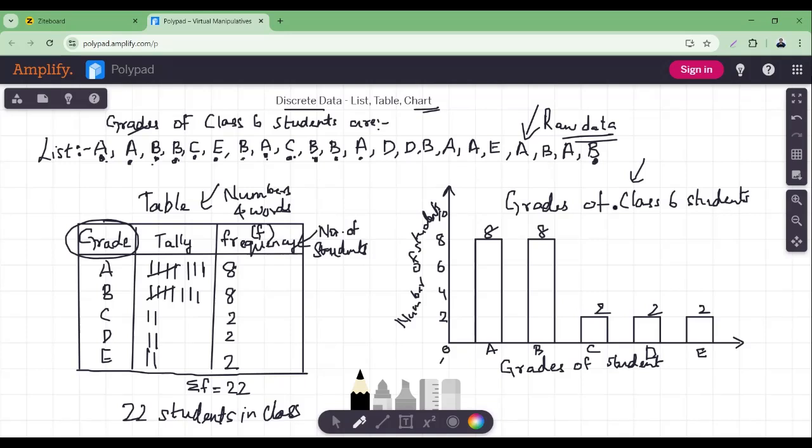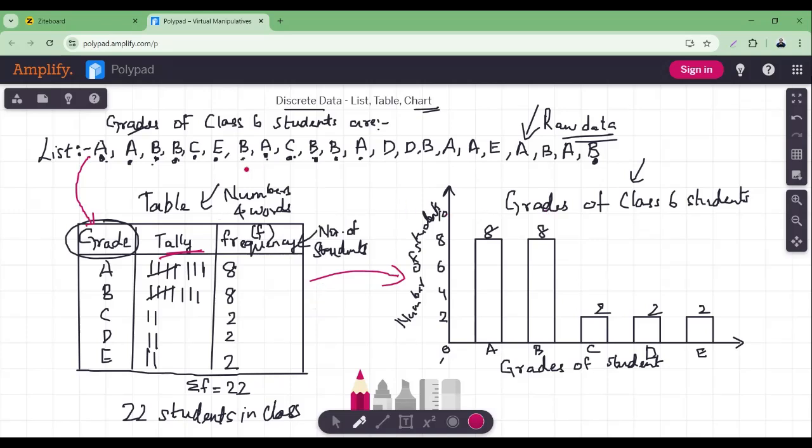And you've also learned one more thing in this video, that is about the tally marks. Tally marks help us to convert the list data into the table data. And from the table data, getting graph data is still more easy, right? So this is how it happens.